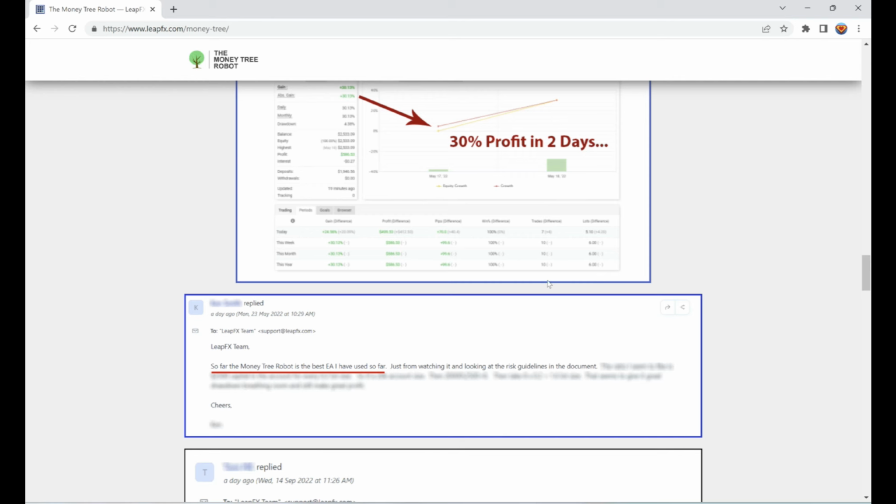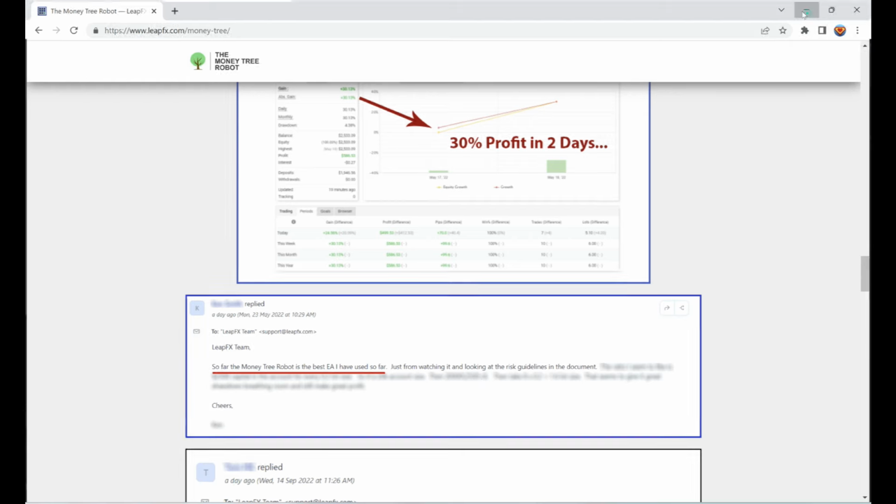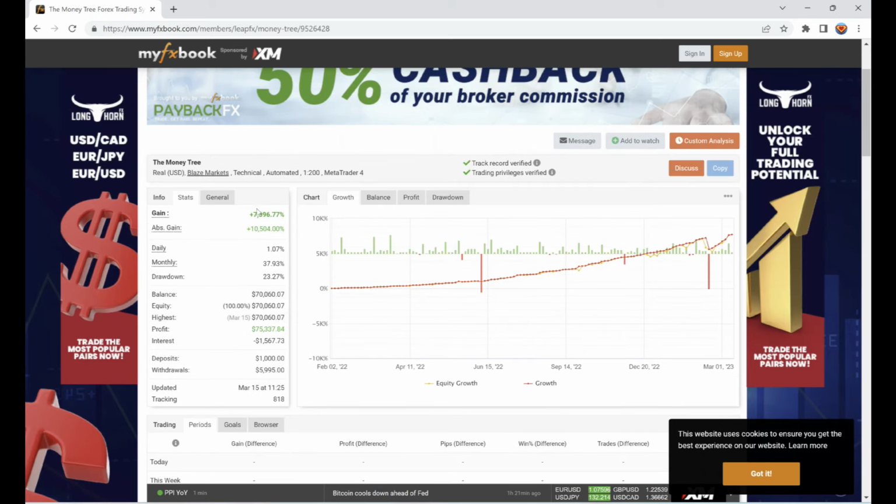I like the fact that there is no grid or martingale, and also like what I showed you in the MyFXBook. As I mentioned, quite often with some of these trading systems where you see a high percentage return, you see the absolute gain is a lot less, because they're targeting a small number of pips. And the small number of pips means that quite a big chunk of the profits are taken from commission.